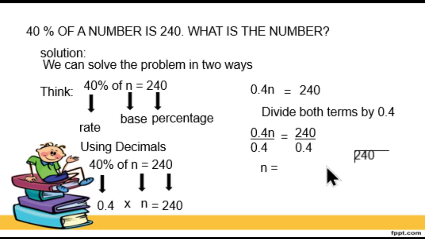So, to divide 240 by 0.4, express 0.4 as a whole number by moving the decimal point once to the right, and the dividend once also, and then add a cipher. So that will become 2,400.